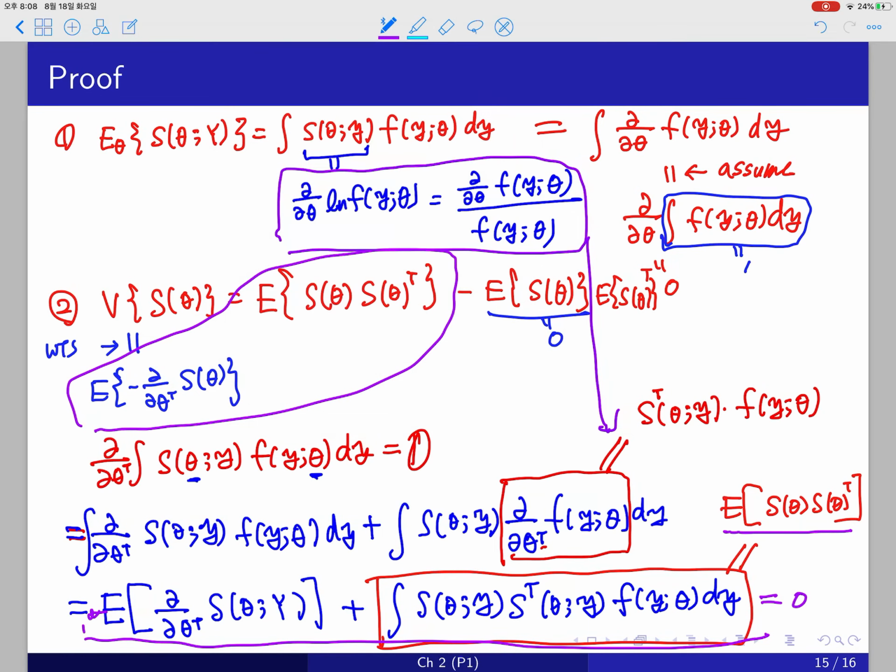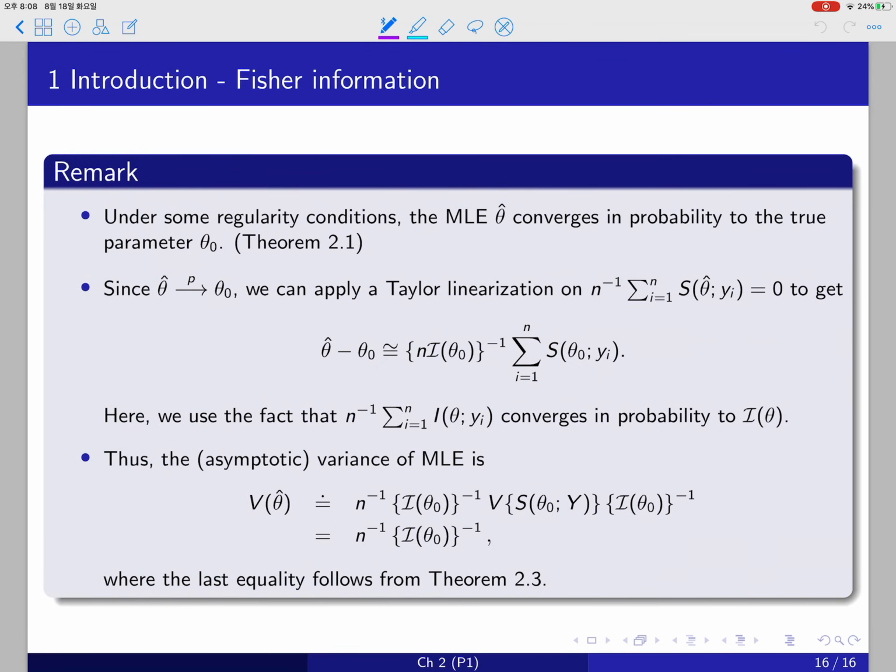All right. So what's next? Well, the linearization.